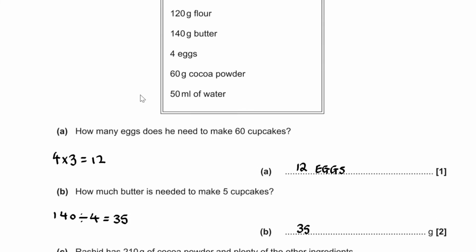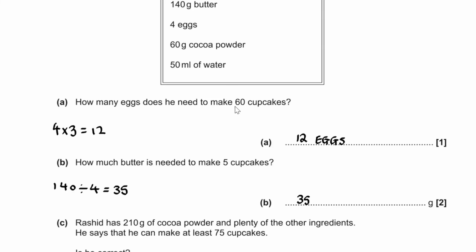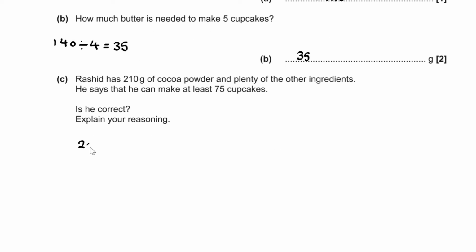Well, he has 210 grams of cocoa powder. So for 20 cupcakes, you can see we need 60 grams of cocoa powder. Now he has 210. So what we can do here is find out how much 30 grams will get us.